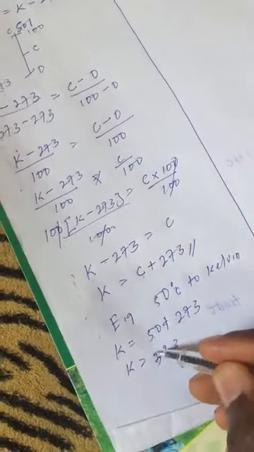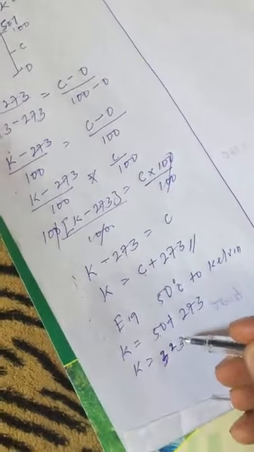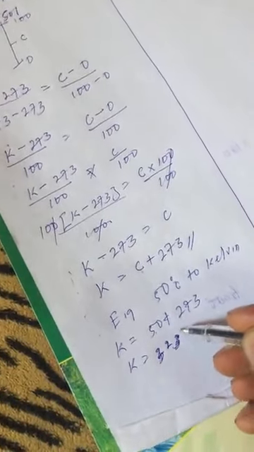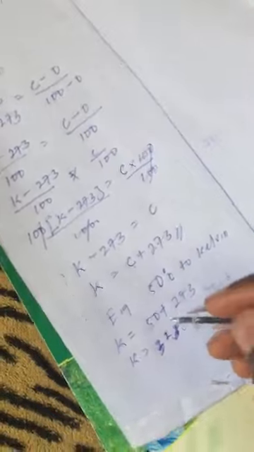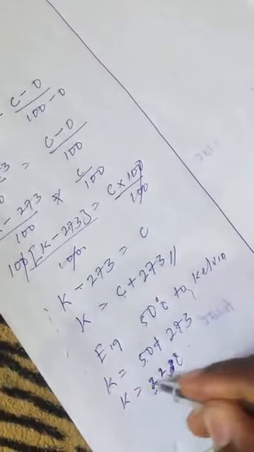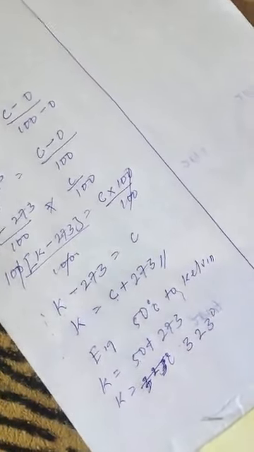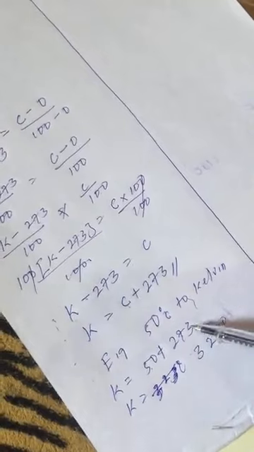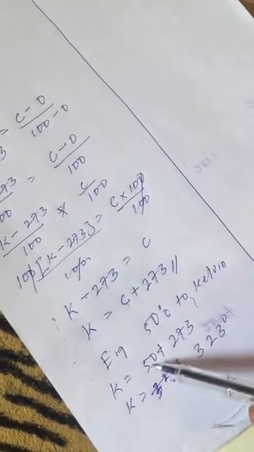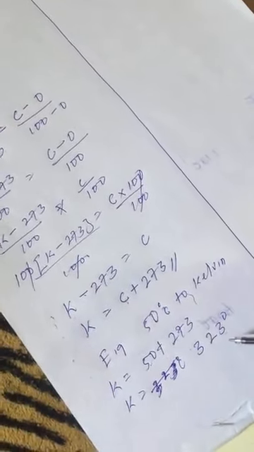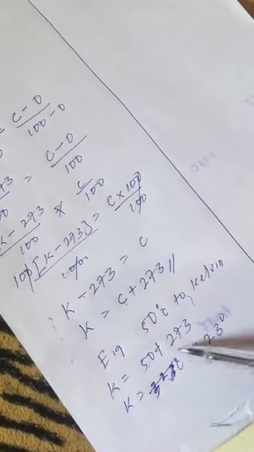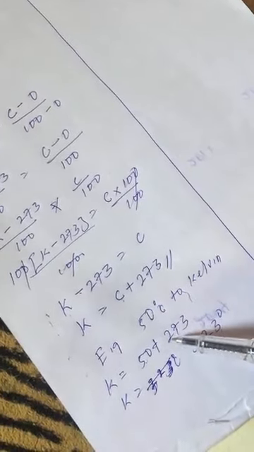We have 323 degrees Kelvin. Let's go over it again. This is 3, put down the 3. This is 5 plus 7, which is 12. Put down the 2, carry 1. Then bring the 2 to this one, it becomes 3.